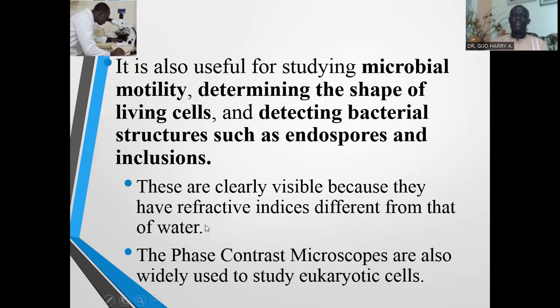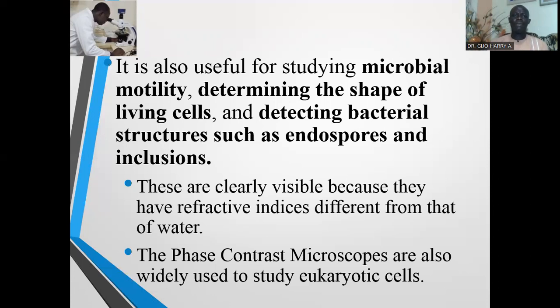It is also useful for studying microbial motility, determining the shape of living cells, and detecting bacterial structures such as endospores and inclusions. Okay, it's very important in studying microbial motility, how microorganisms are able to move.